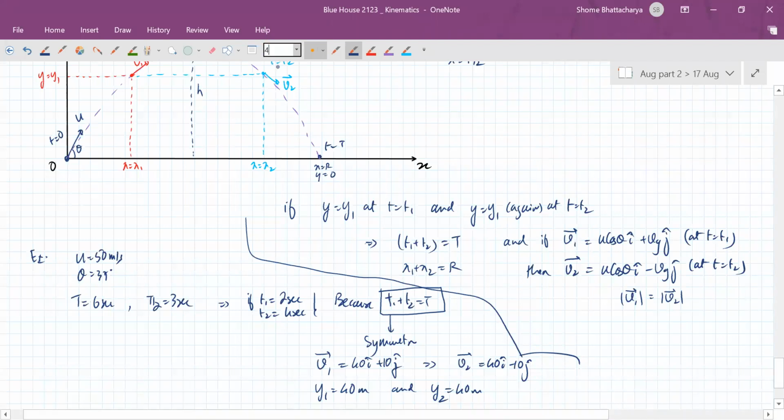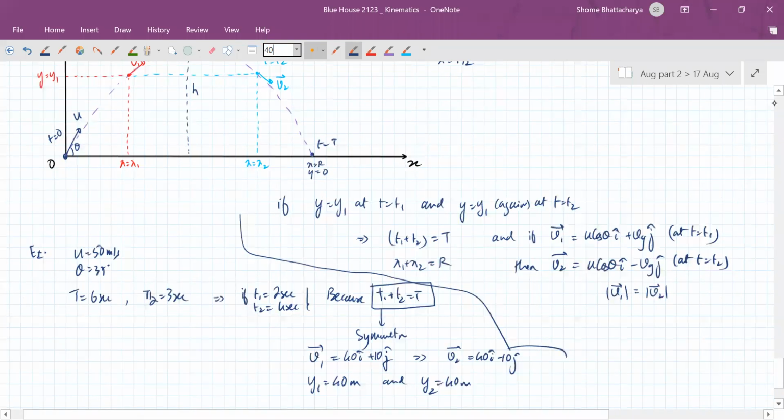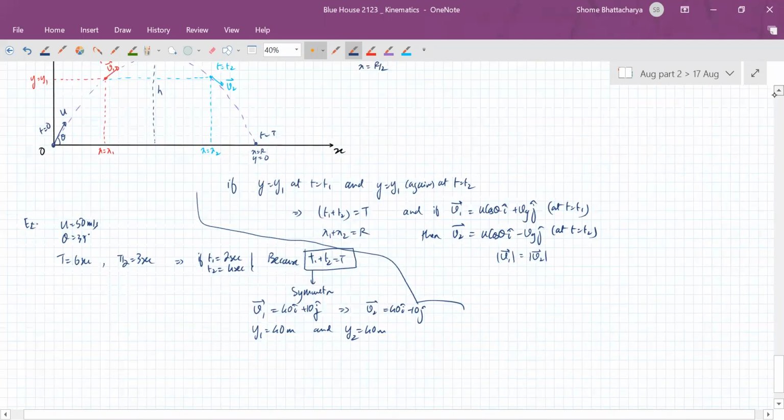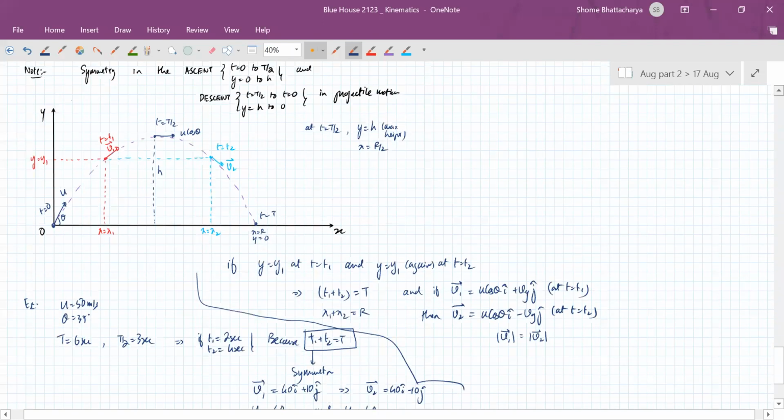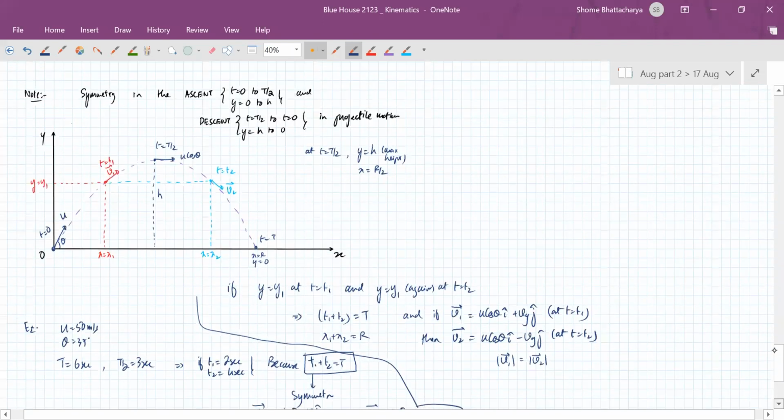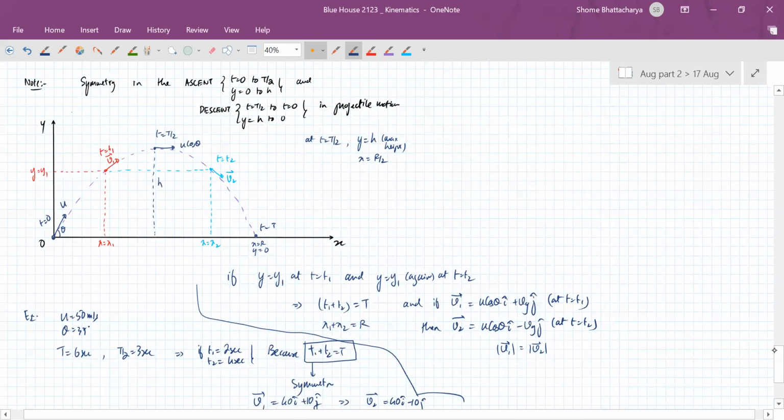So this symmetry is something important to keep a note of in projectile motion. Just like in vertical motion, we had seen that the ascent and descent are along the same line, like a mirror image, and it exactly retraces its path. Here it's not like that. It's a two-dimensional motion. But again, you can see that this part of the motion is like a mirror image about this symmetry axis.